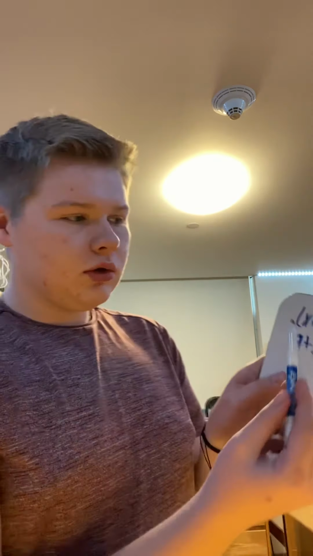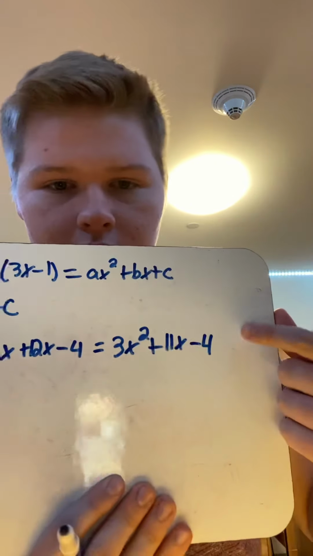And what you want to do is distribute the two functions here. So then you have 3x squared minus x plus 12x minus 4, which ends up equaling 3x squared plus 11x minus 4. And so now you got your quadratic expression.